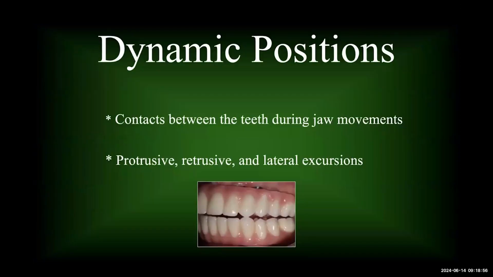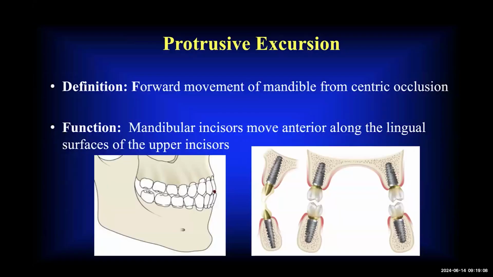If we look at dynamic occlusion, this is where the jaw is moving and there are contacts between the teeth, most commonly protrusive, retrusive, and lateral excursions. The protrusive is when the jaw comes forward. So the mandibular incisors move along the lingual surfaces of the upper maxillary incisors, and that's called protrusive.